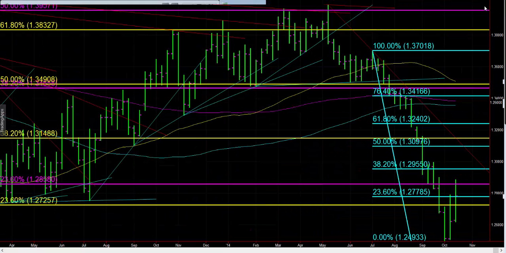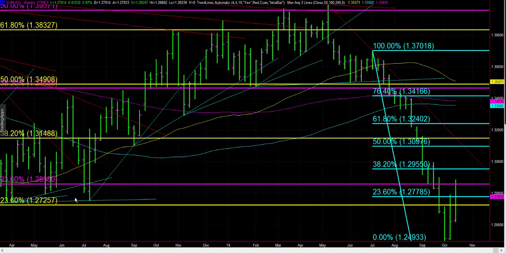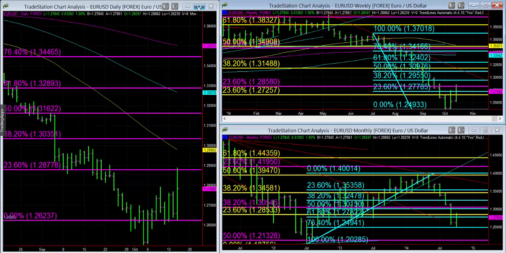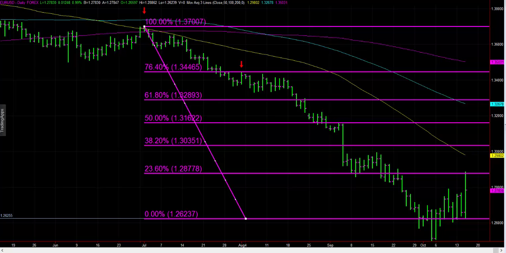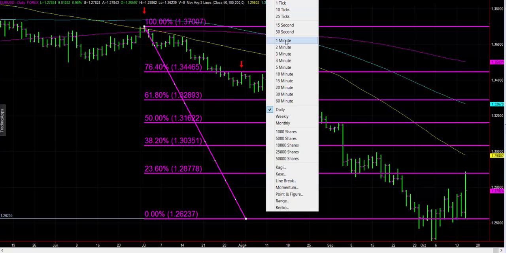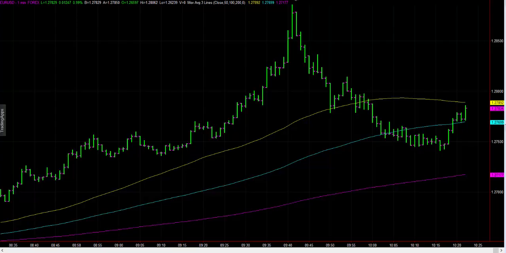I want to go ahead and finish up and illustrate one key point. When we look at this 128.58 area related to a multi-year range that we just talked about, we can go back to our daily chart and see the significance that this level holds for traders. Let's take that down to a 1-minute chart.